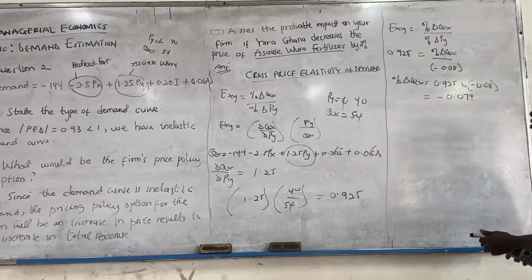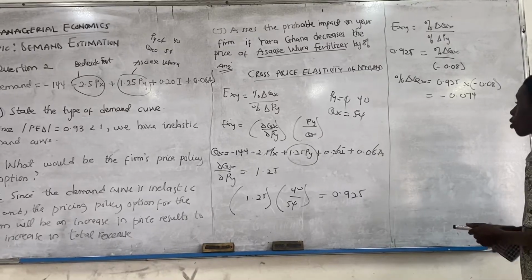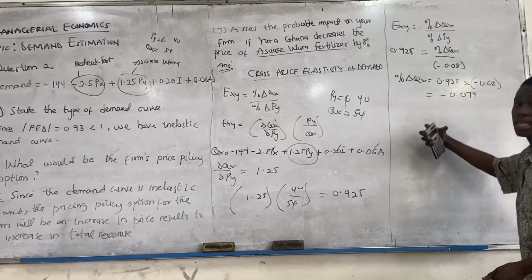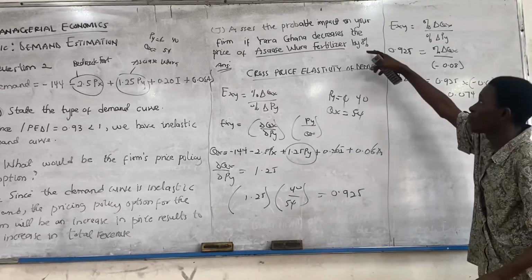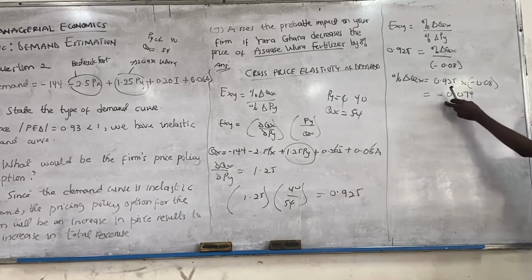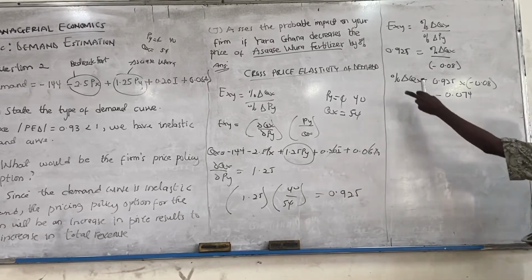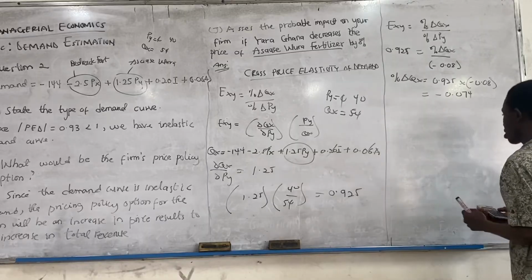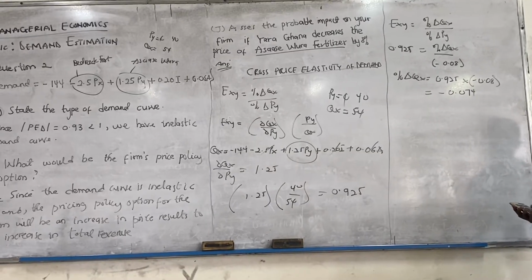So we will get this. This is the quantity. So we want to find the decrease in percentage by 8%. So we then multiply this by 100. That becomes the decrease in percentage by 8%. So this times 100.